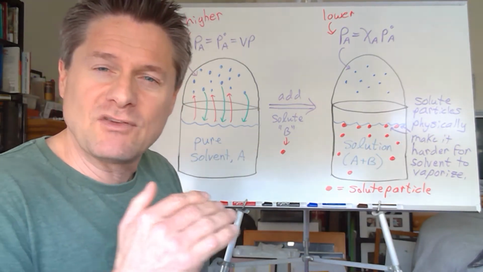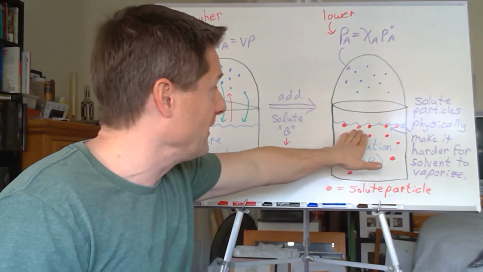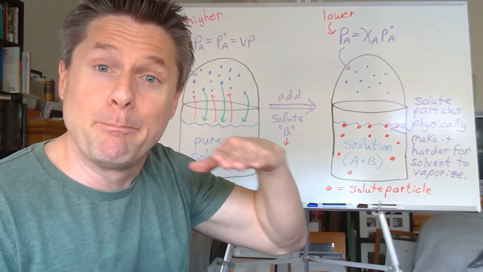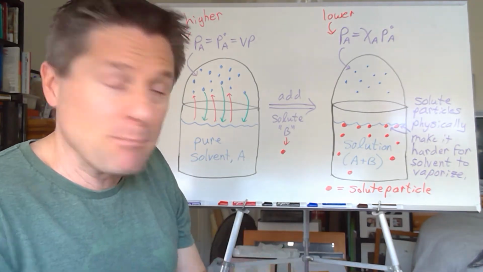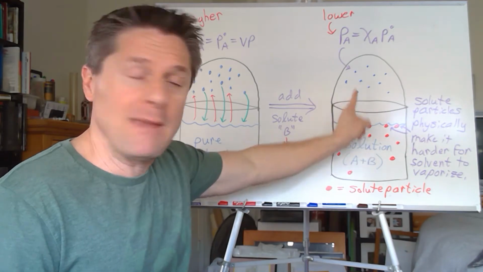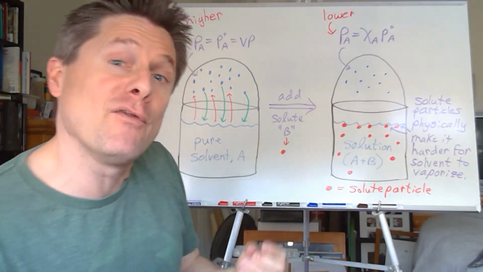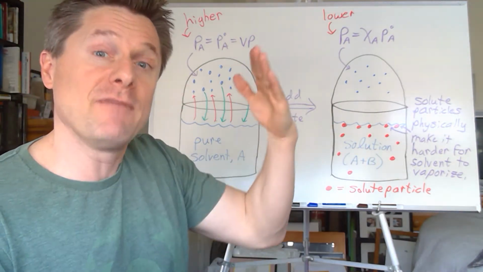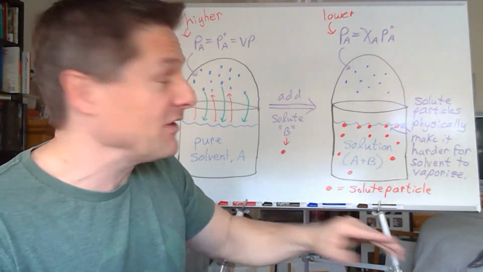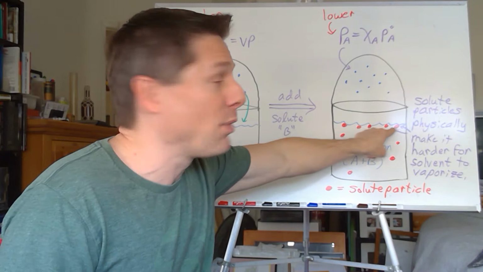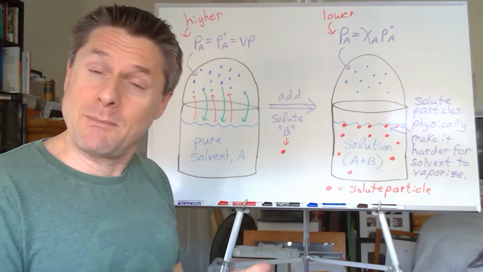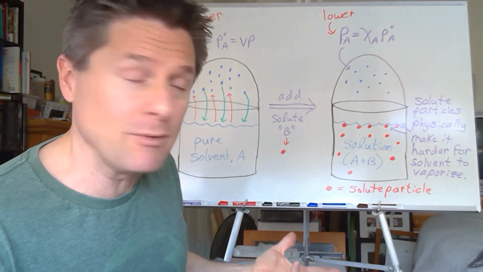There's going to be some solute particles on the surface. Whether they're volatile or non-volatile doesn't matter. They're not physically stopping, but they're making it harder for the solvent to vaporize because there's less space on the surface. Remember, you only get vaporization from the surface. So since there's fewer particles of A along the surface because we have some particles of B on there, there's going to be fewer of them vaporizing. Does that make sense?